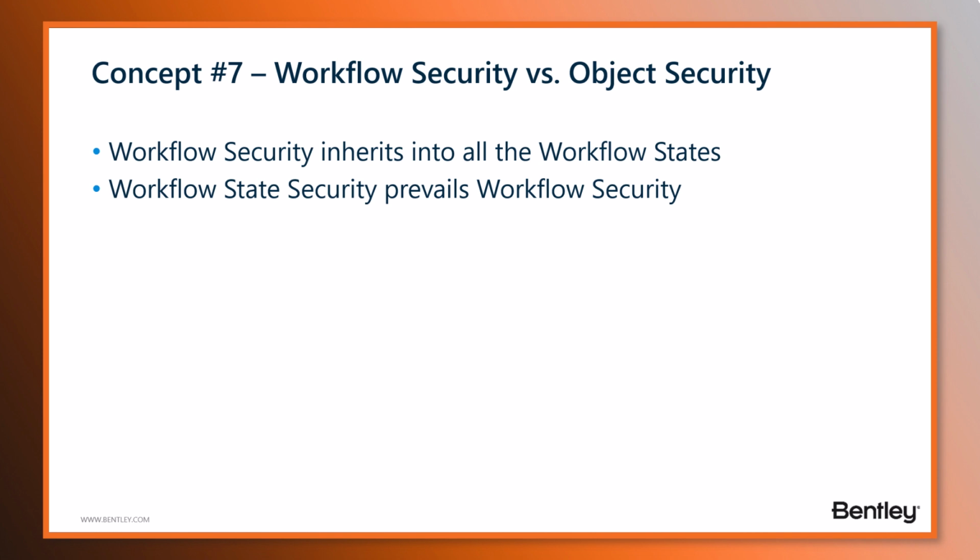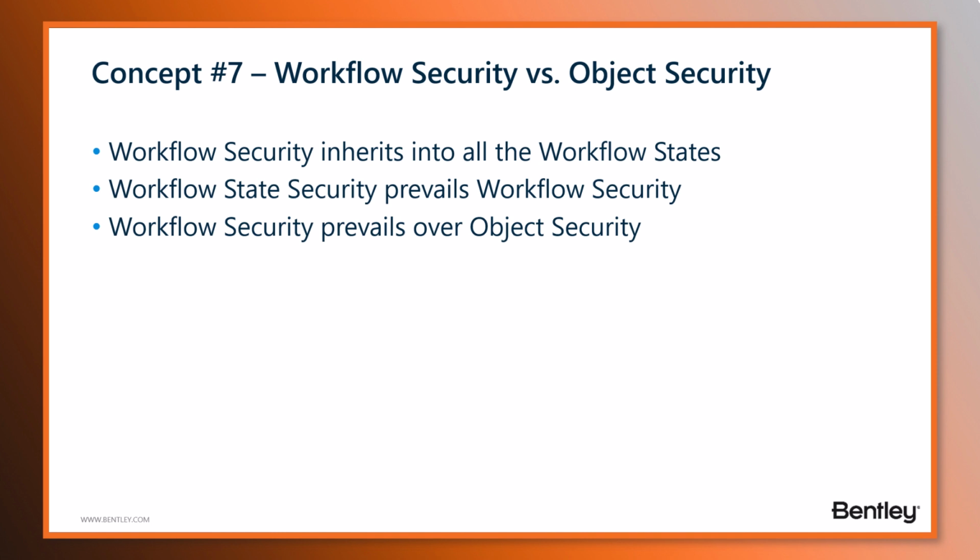When a folder and its documents have security applied, that is referred to as object security, and a workflow assigned to the folder, the workflow security will prevail over the object security, with the exception that no access has been explicitly assigned to the object security.